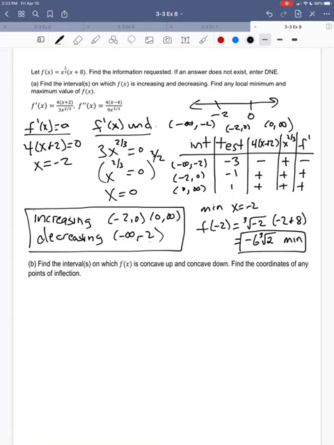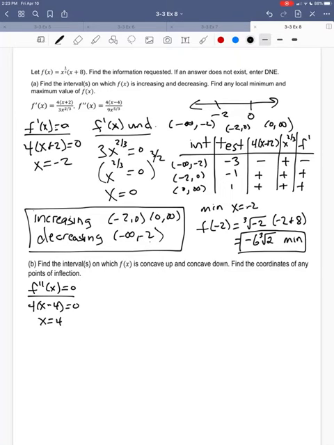For concave up and concave down, I do the same sort of thing, except I look at the second derivative, where the second derivative is equal to 0. So that's going to be where the numerator, again, for the second derivative is equal to 0. So that's going to be at x equals 4.